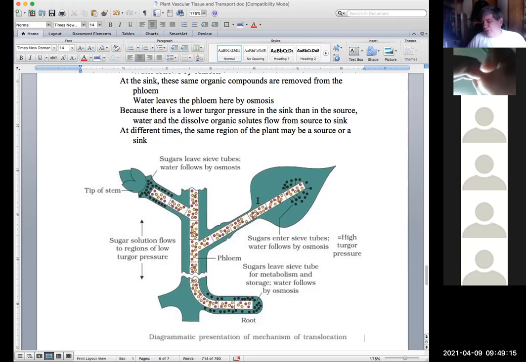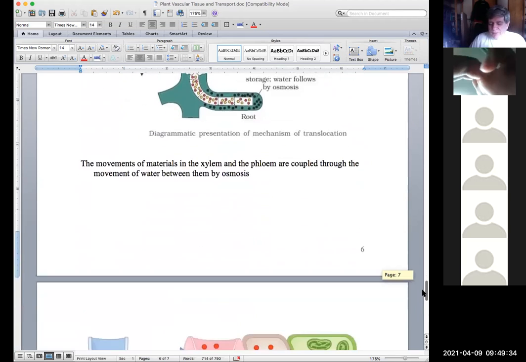Now remember, these phloem cells contain cytoplasm. So these materials actually have to move through the cytoplasm of the phloem to move. Now, let's look at the one instance where xylem transports materials that really didn't come from the roots.